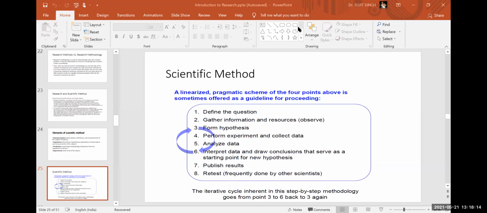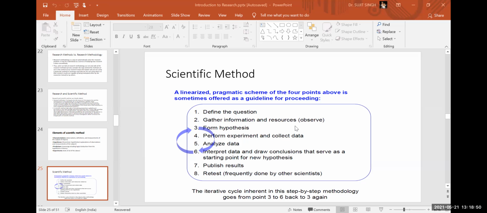So we can say that we have to get the full understanding. For that understanding, we want to get the data about that particular phenomena to which a particular problem is related.